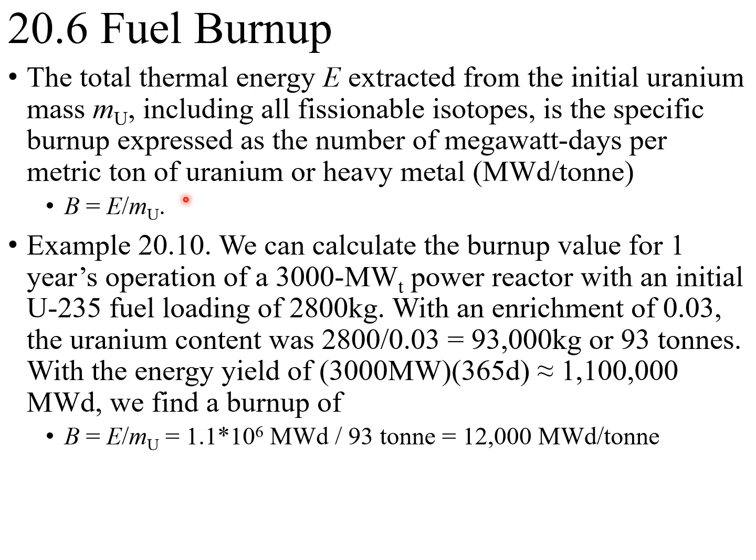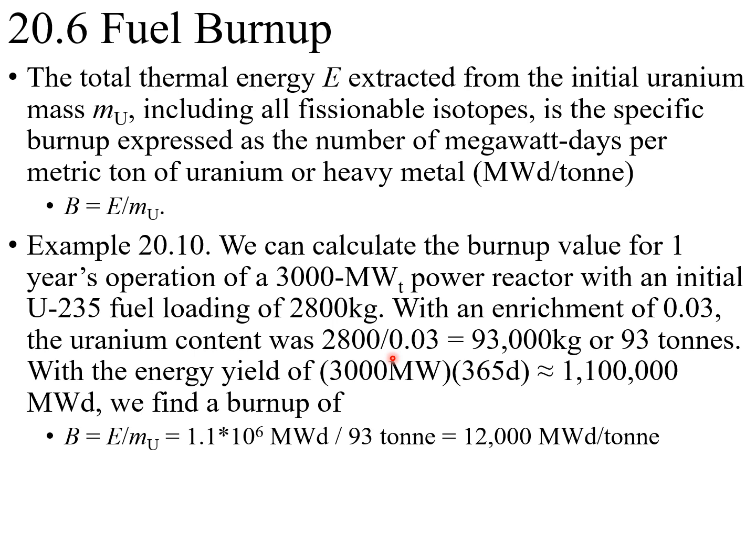Then, from this 2800 kilograms of 235, we can calculate the total amount of uranium, including both 235 and 238. So we use the 235 fuel mass over the 3%. So we get 93,000 kilograms or 93 tons. Okay. This 93 tons is the Mu, that is your initial uranium mass, including both the 235 and also 238.